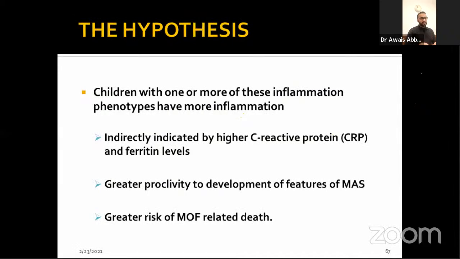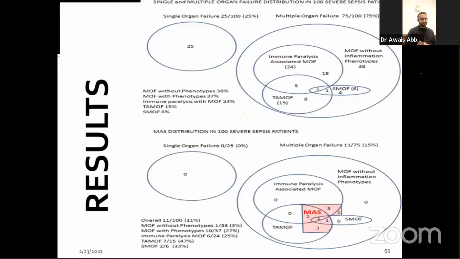The hypothesis was that children with one or more of these inflammation phenotypes have more inflammation, indirectly indicated by higher CRP and ferritin levels, a greater proclivity towards the development of features of MAS, and a greater risk of multi-organ failure related deaths. This was the hypothesis on which the study was conducted.